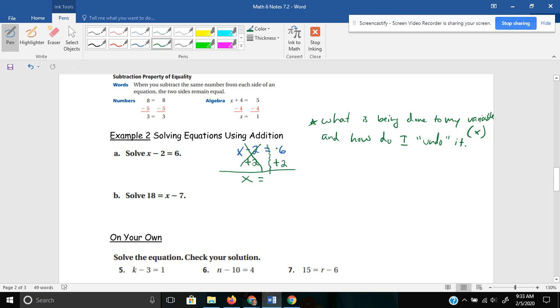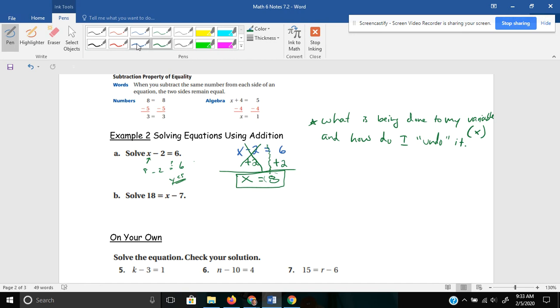On the right-hand side, 6 plus 2 gives me 8. And there I'm solved for my variable. I've solved that equation. If I were to check that, again, I would take 8 and substitute it into my equation here and see: does 8 minus 2 give me 6? And yes it does. So I know I'm correct.